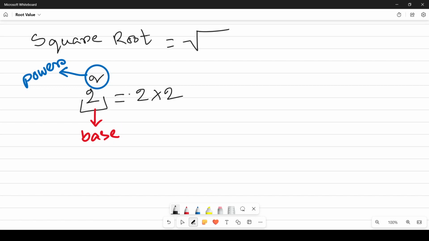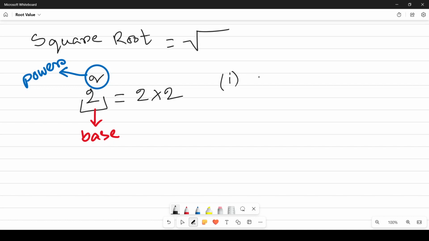Now we have 6 laws for calculating these indices. These powers are also called indices. The first law is, when you are multiplying some values with the same base, you can add all the powers up. What does it mean?